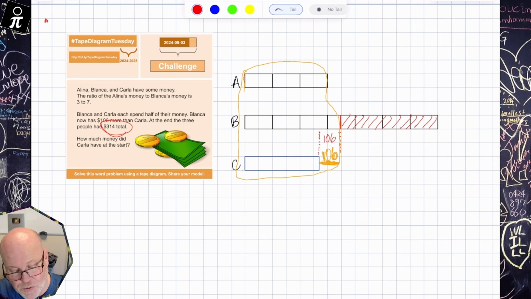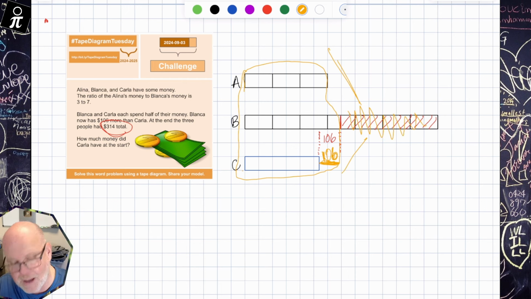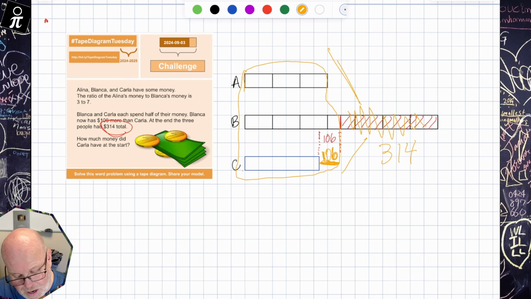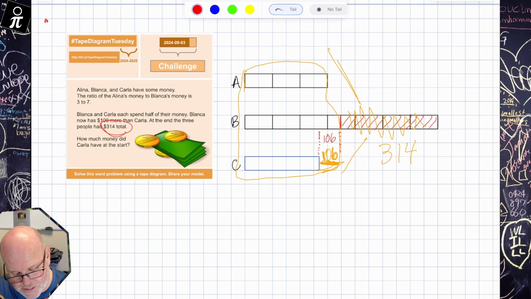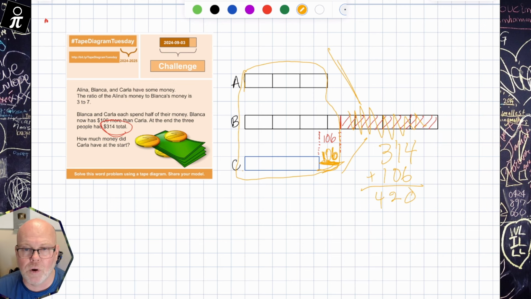All right. So that means when they were supposed to have 314, all of this after it's been spent is supposed to be $314, but I overcounted by 106 down here. So I'm going to add an extra $106. So that ends up being $420. Now, what is $420?